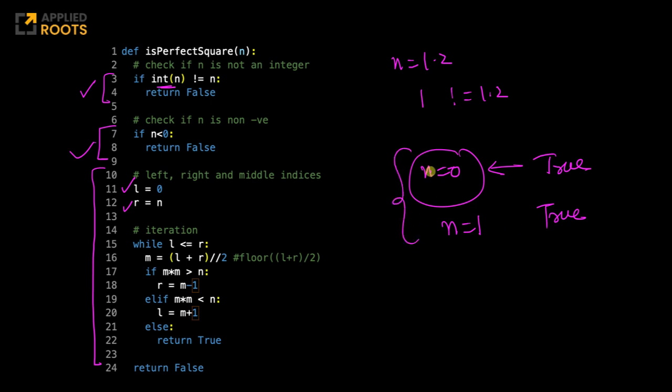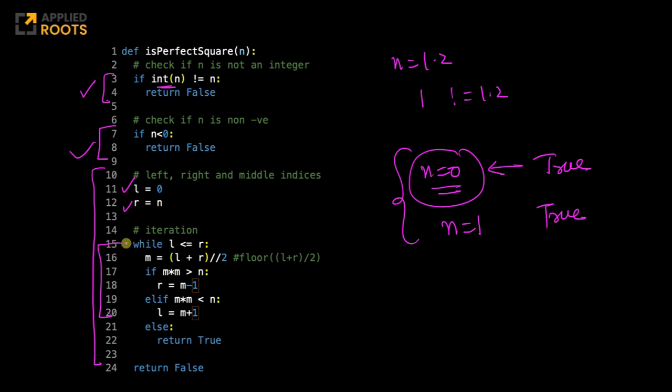Initially, I think I wrote L as 1, because that's what I'm used to. But then I realized it was failing if n equals 0, so I changed it slightly. Having this bunch of simple boundary cases and test cases will help you debug your code and get it better. The rest of this logic is fairly straightforward.